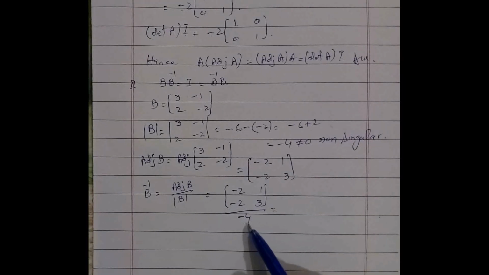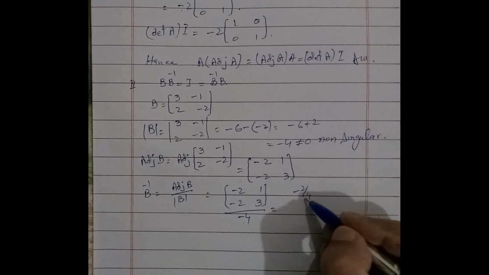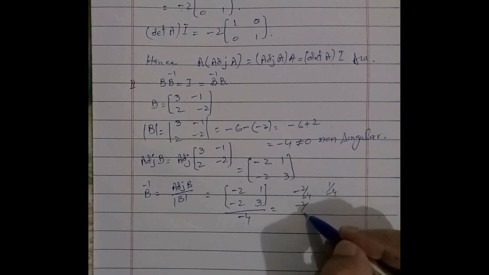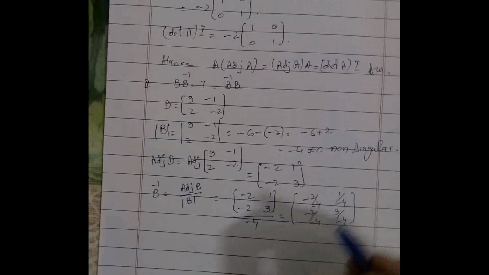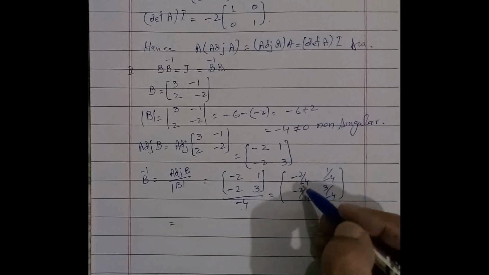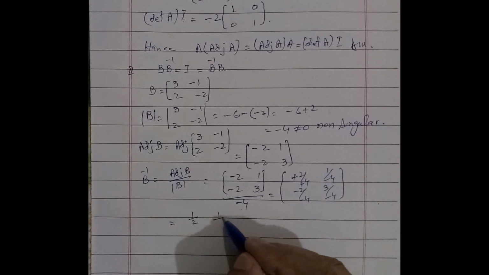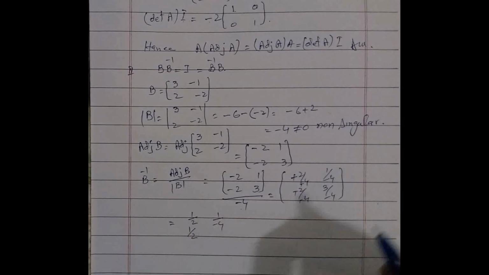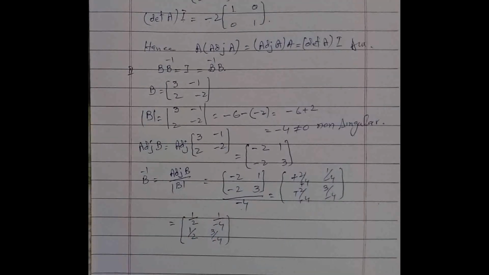So we divide all elements of adjoint B by minus 4, and we get minus 2 over minus 4, 1 over minus 4, minus 2 over minus 4, 3 over minus 4. Now simplify these values. We get 1 over 2, 1 over minus 4, 1 over 2, and 3 over minus 4. It is the B inverse.